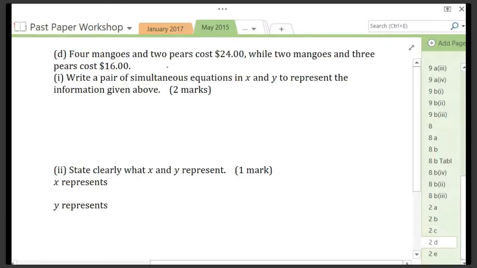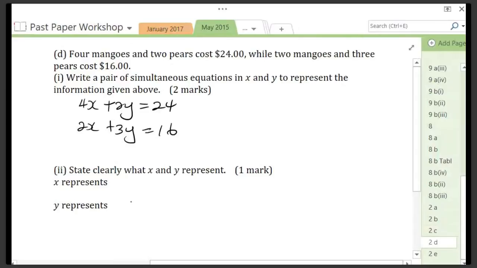Now we'll say let X represent mangoes, Y represent pears. So we have here the first equation, 4 mangoes, so this is 4x plus 2 pears, which is 2y, is equal to 24. That's your first equation. The next one, they said while 2 mangoes, which is 2x, and 3 pears, which is 3y, is equal to 16. So those are your two equations.